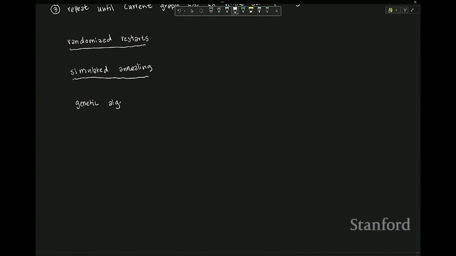Finally, for examples here, but not for things that you could choose, we have genetic algorithms. So genetic algorithms are biologically inspired, and they begin from a population of individuals. So in this case, individuals are going to be different graph structures.